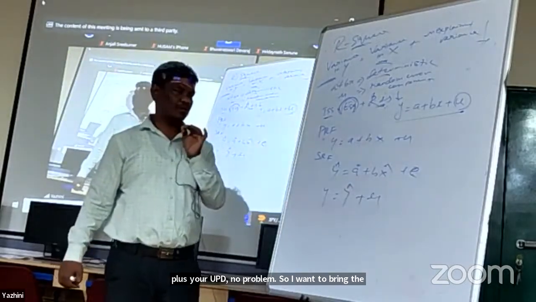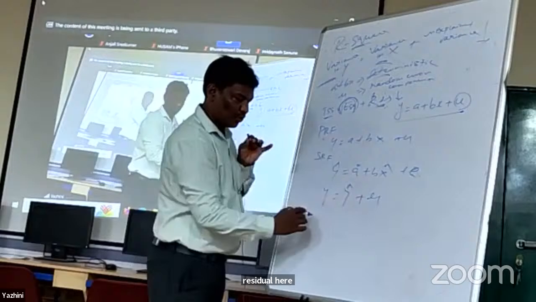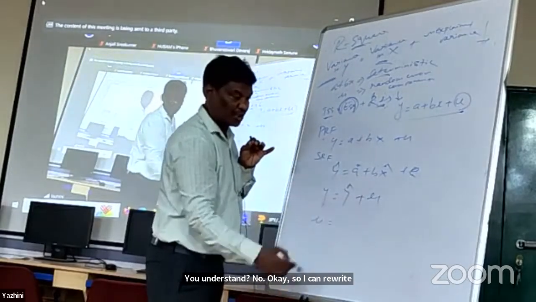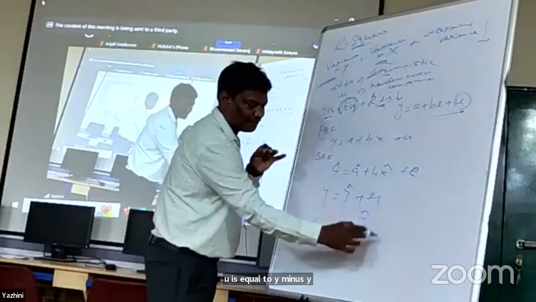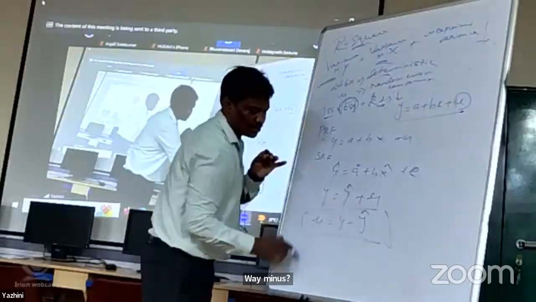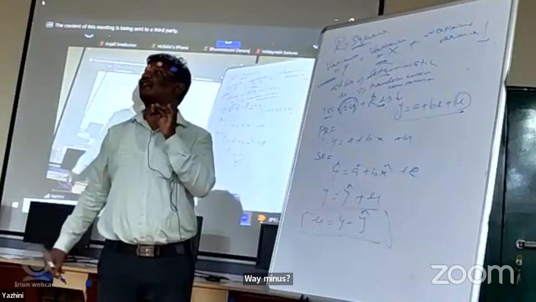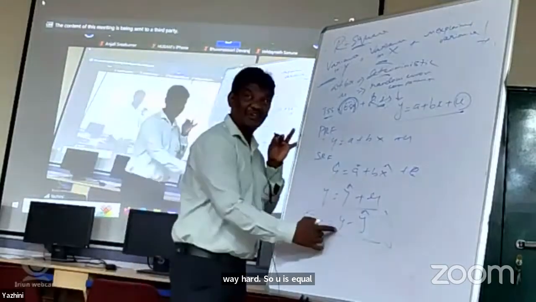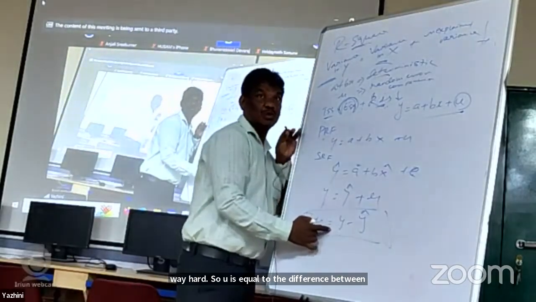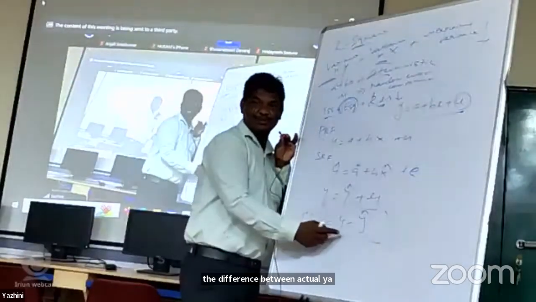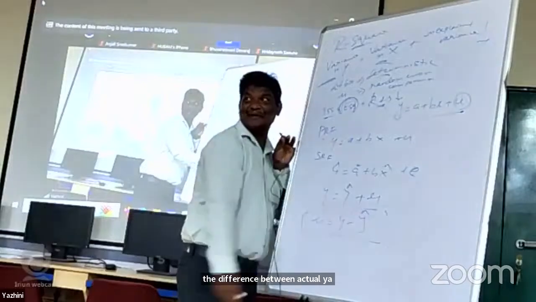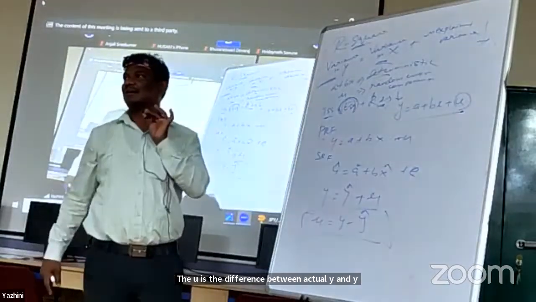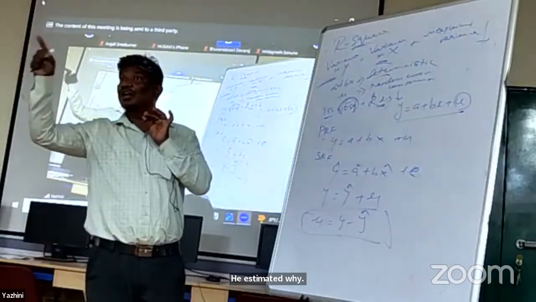You understand? Okay, so how can we rewrite? u is equal to y minus y hat. So u is equal to the difference between actual y and estimated y. Students, listen. What is u?